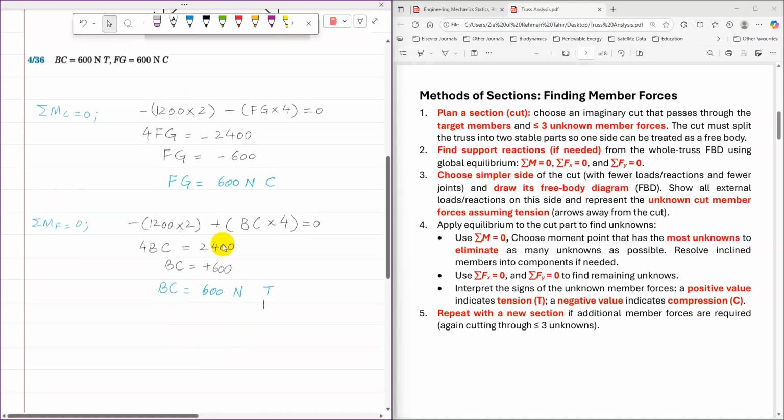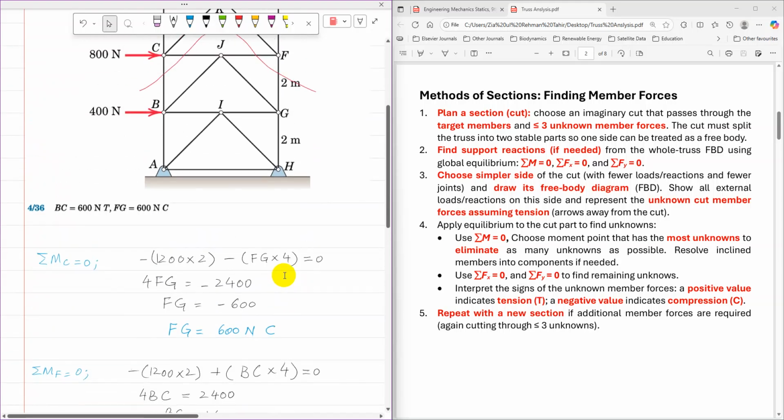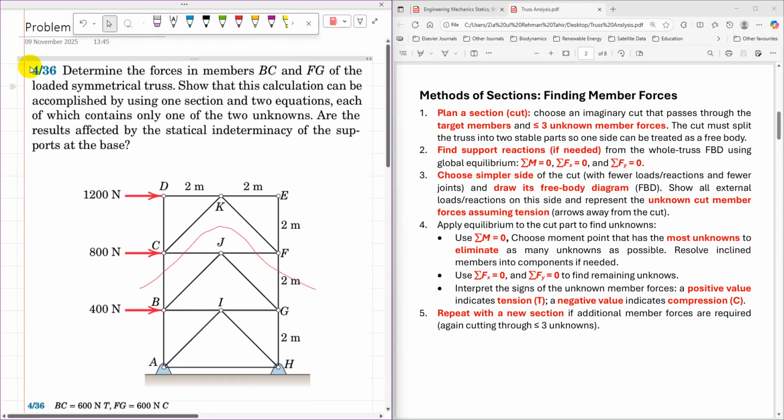Now both of those forces are calculated. The answers at the back of the book are BC as 600 Newton tension and FG as 600 Newton compression. So that is a complete solution of this problem 4 by 36.